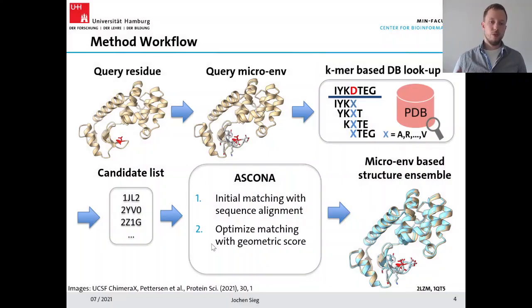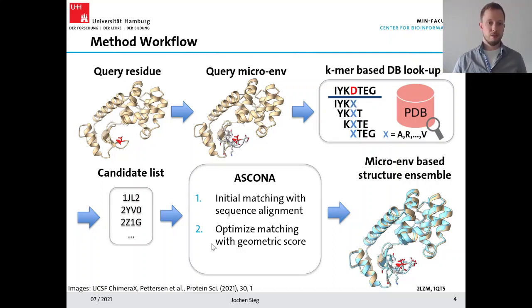And now to better illustrate how the algorithm works, let's walk through one example of searching with a single query microenvironment. So we start with a single residue for which we want to find mutant structures. We have our query structure and our single query residue, which is marked here in red.